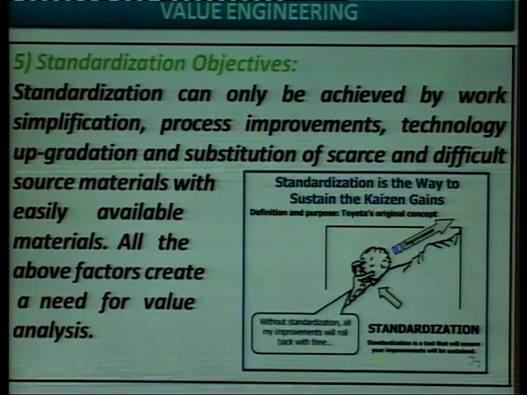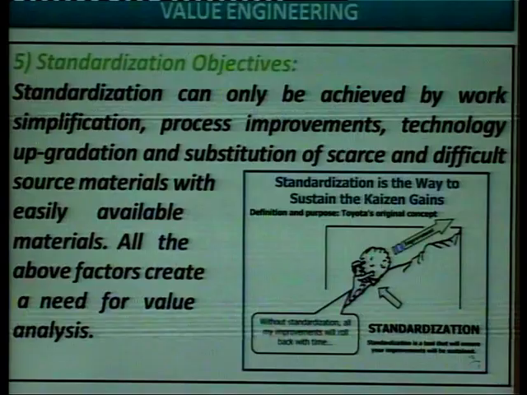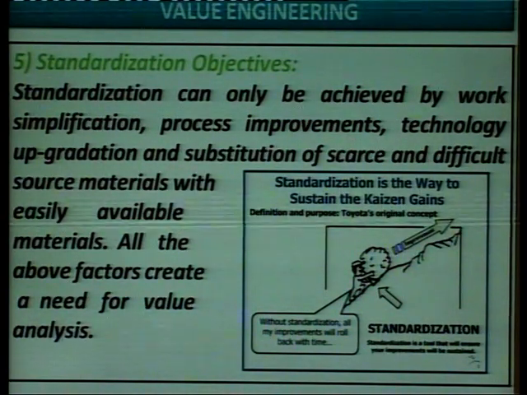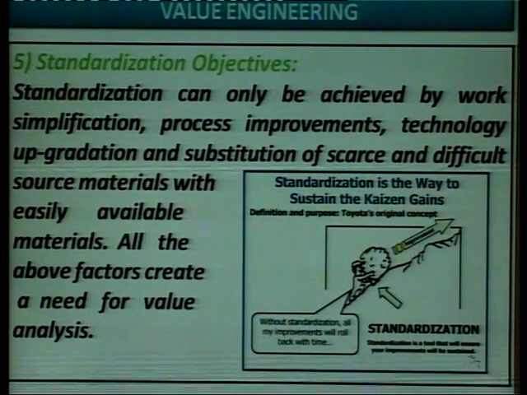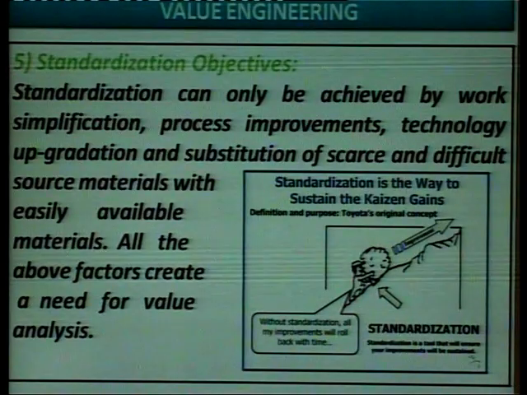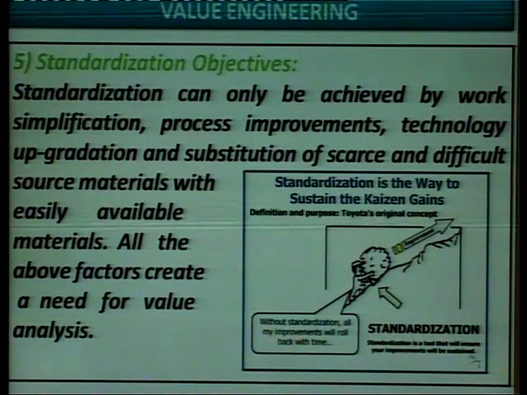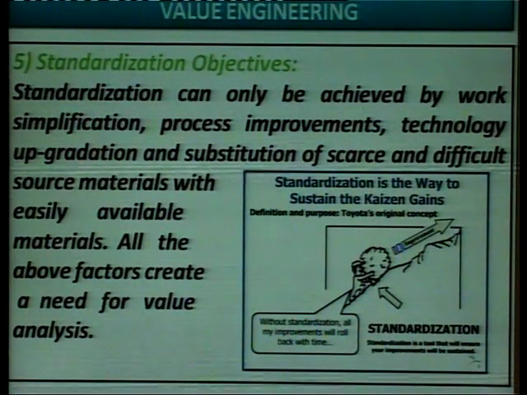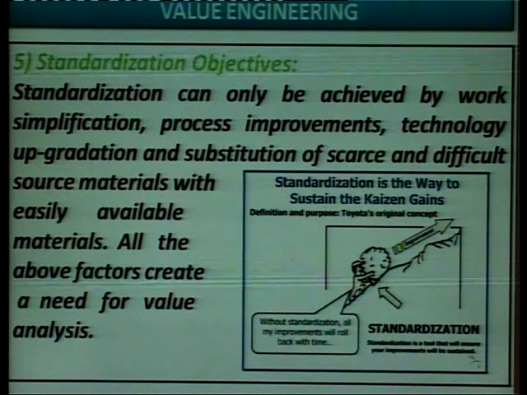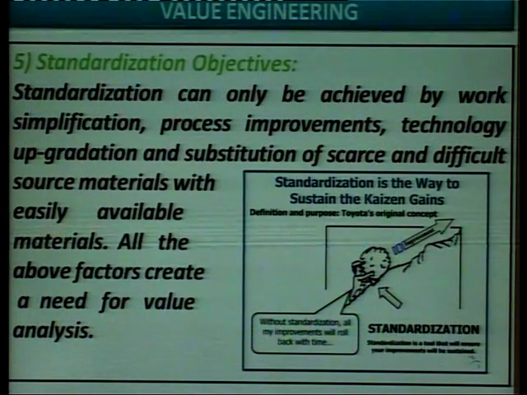Standardization can only be achieved by work simplification, process improvements, technology upgradation, and substitution of scarce and difficult-to-source materials with easily available materials. All the above factors create a need for value analysis.